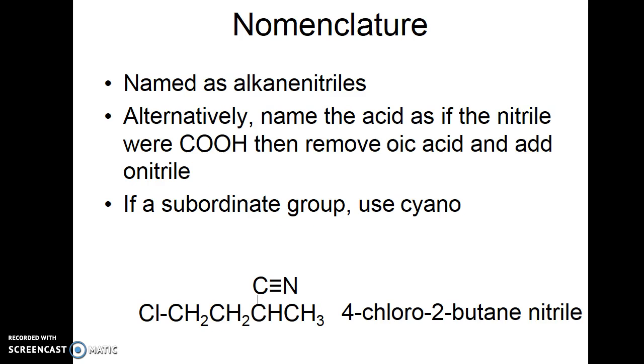To name nitriles, we count the carbons in them, including the carbon that is in the nitrile functional group, and you name the alkane, and then you follow with the word nitrile. Another way to name them is to name the carboxylic acid. If you were to change the nitrile to a carboxylic acid, then take the oic acid off it and add the ending onitrile.